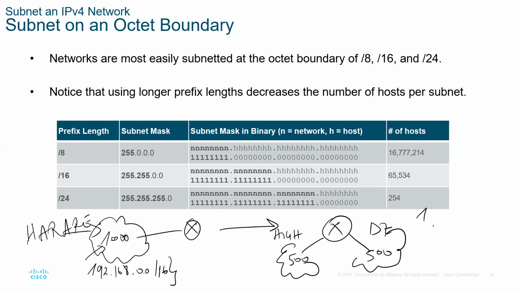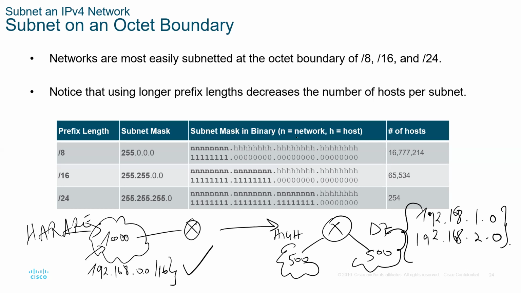So we now have to subnet our address. We now have a 192.168.0 and a 192.168.2. So from this original address, we can subnet and get two new addresses. That is basically what subnetting is.